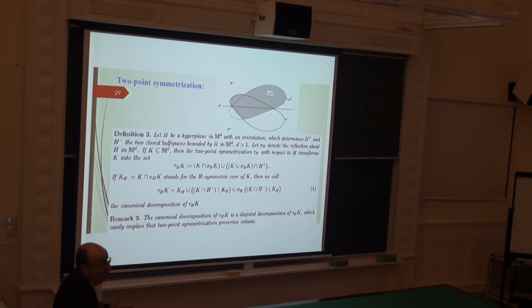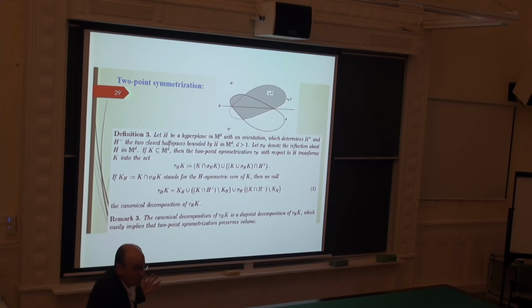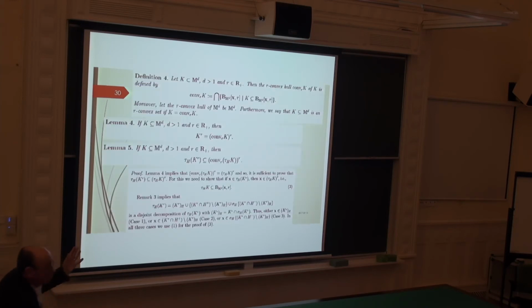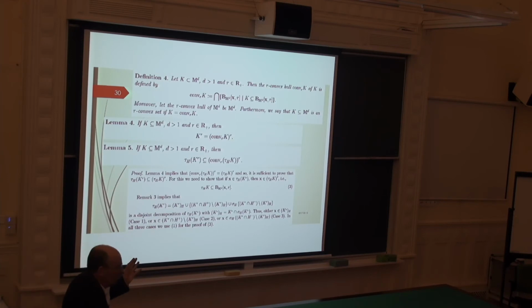And in this way, we see it's volume preserved. So one good thing about this two-point symmetrization is that it is volume preserving. Now, this is what we are going to use for the proof of that Blaschke-Santalo type volumetric inequality.